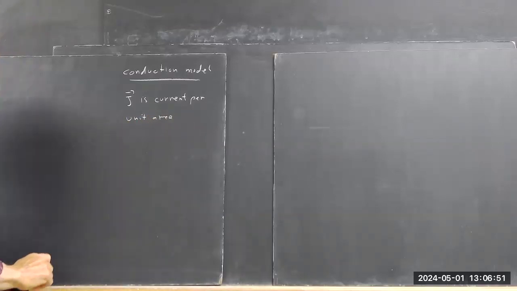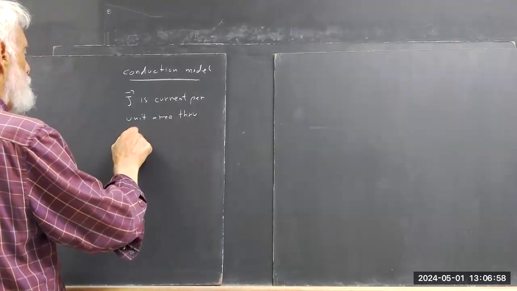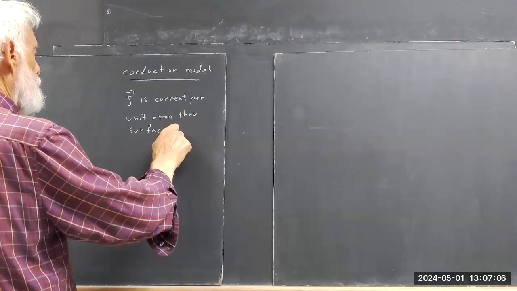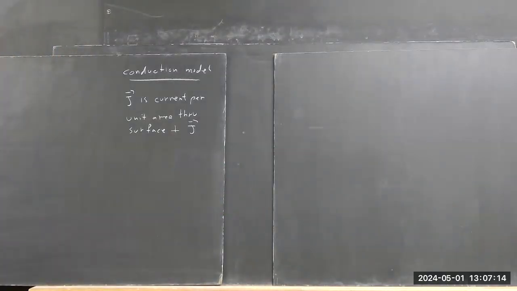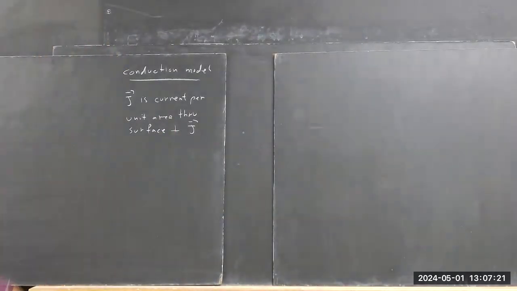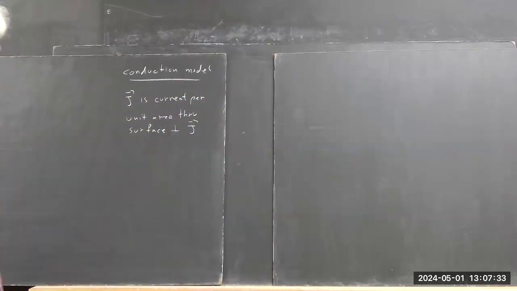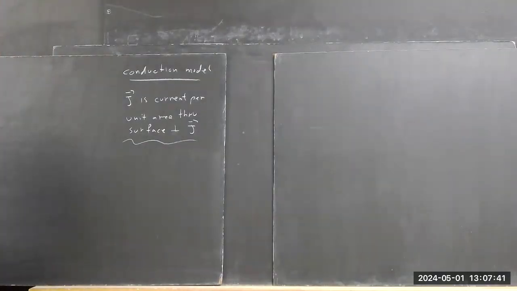J is current per unit area through a surface perpendicular to J. Incidentally, put that together with Stokes' theorem and you find the average magnetic field around the boundary of that region.